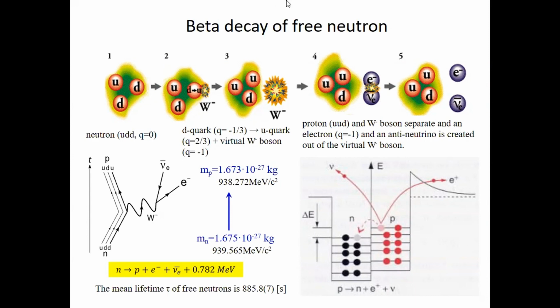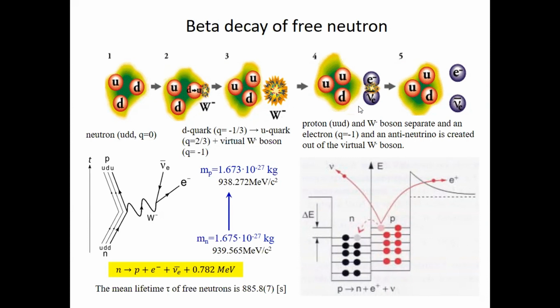And therefore the end product is an up quark and another up quark, and then a down quark, and a W minus going away.